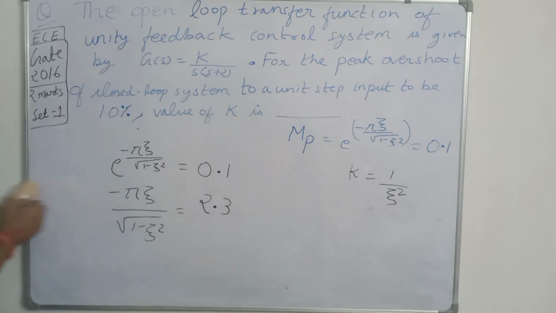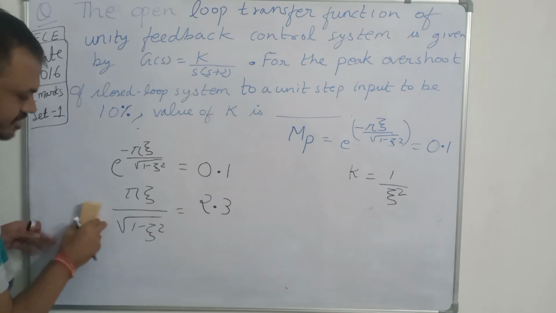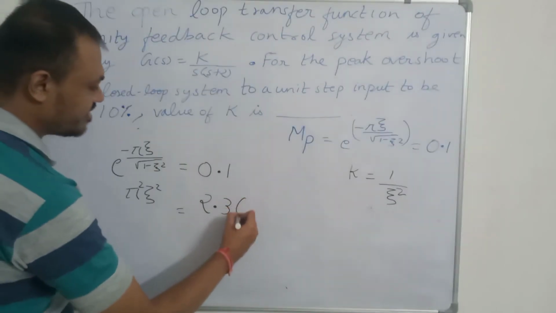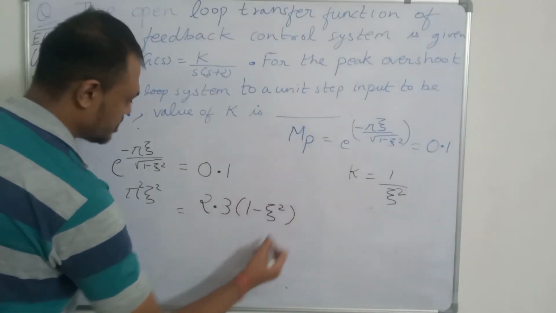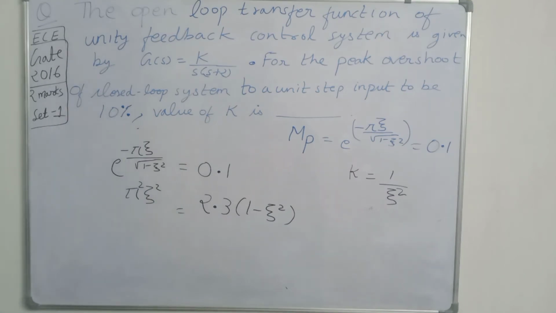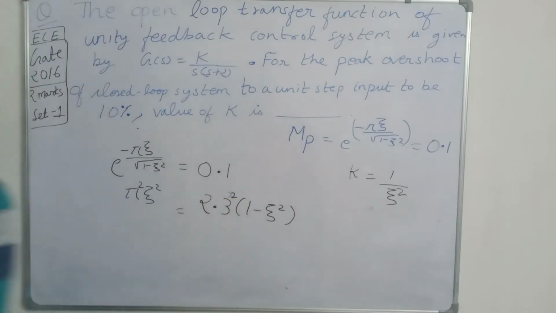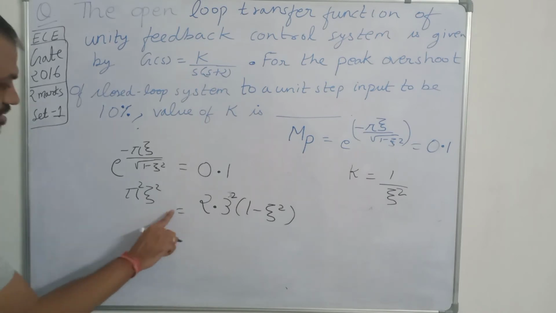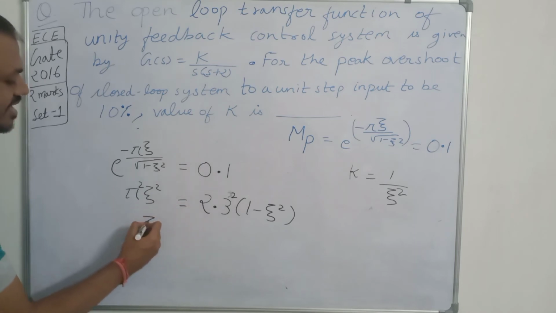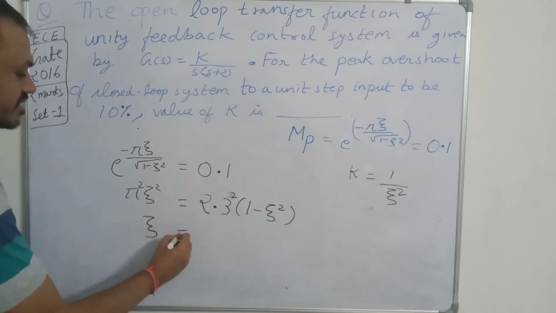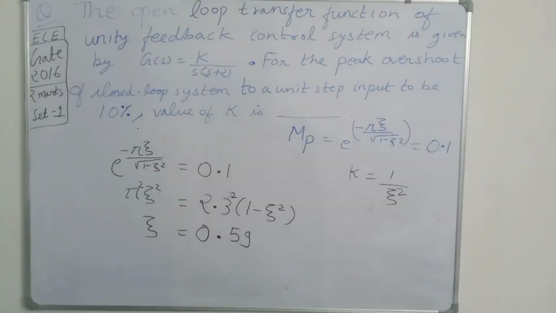So squaring both sides, π²ζ² = 2.3²(1 - ζ²). Putting the value of pi as 3.14, we finally get ζ = 0.59.